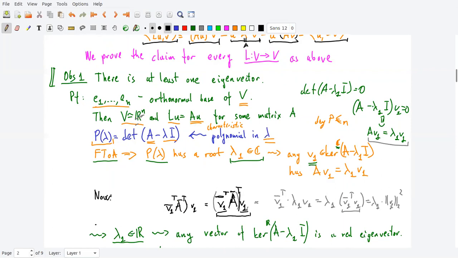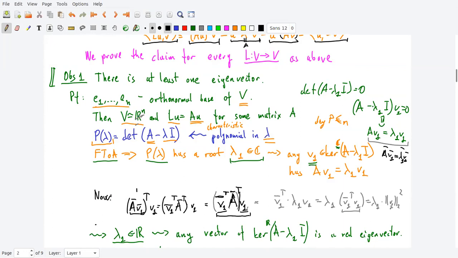And now I can put the brackets here. Yeah. So when I put the brackets here, this is the same as A conjugate V1 conjugate, all of it transposed, V1. And now you see here that if A V1 is lambda 1 times V1, then A conjugate V1 conjugate is simply V1 conjugate but multiplied by lambda 1 conjugate.